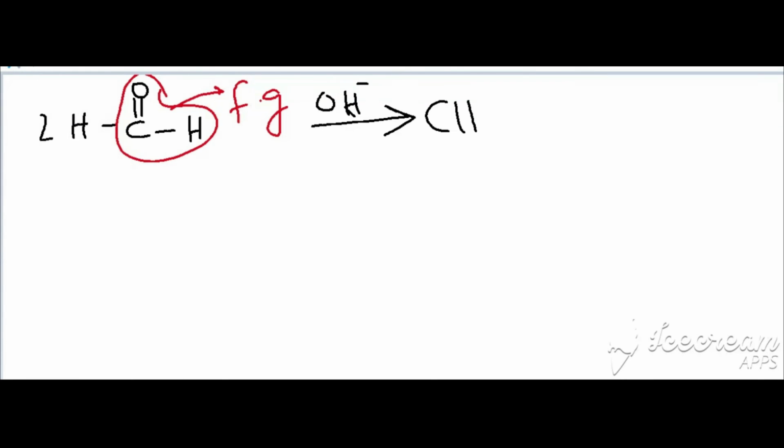One is oxidized, the other is reduced. What products are formed? Salt of acid and methanol. One is oxidized, the other is reduced.